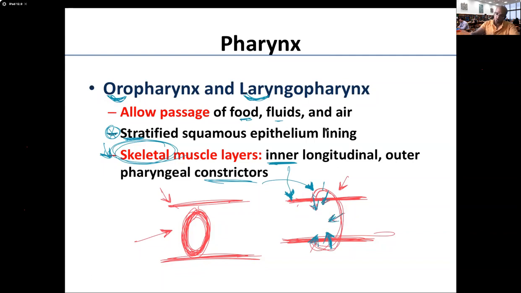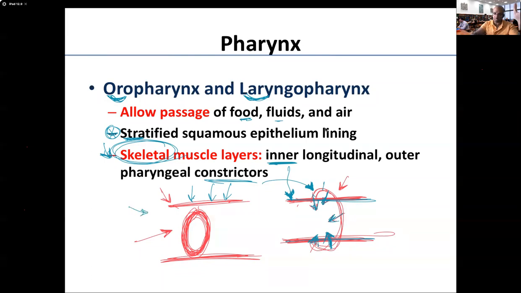Having the longitudinal muscle layer on the inside will allow you to have a better control on the movement of the foot. Better control than if you had the longitudinal muscle layer on the outside. All right. So again, what is the general rule?